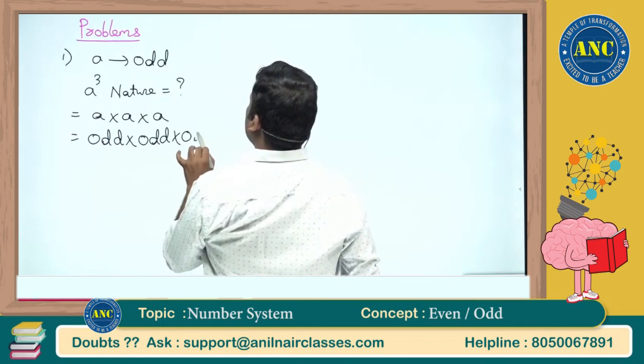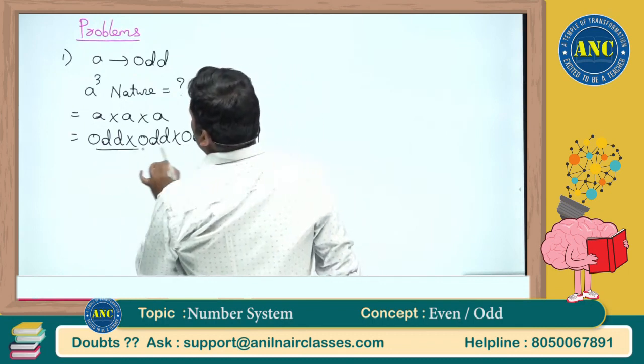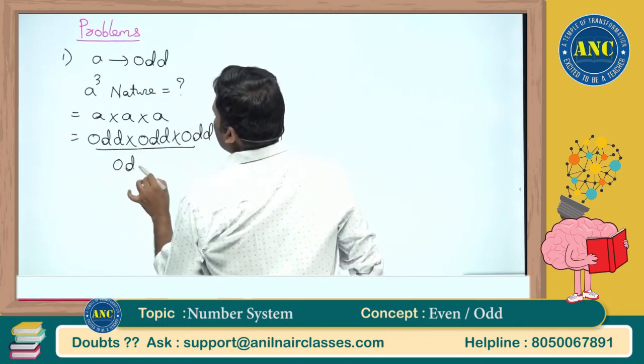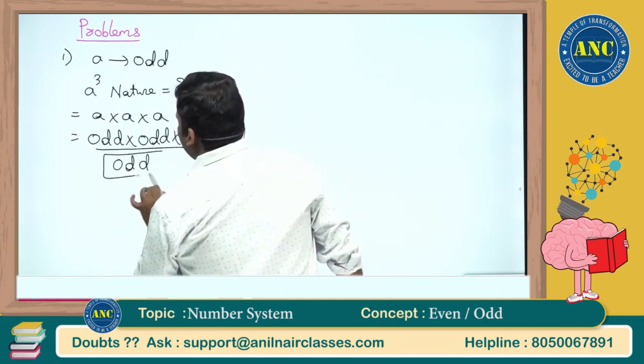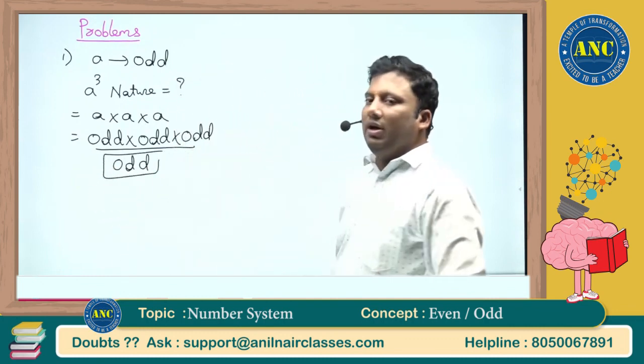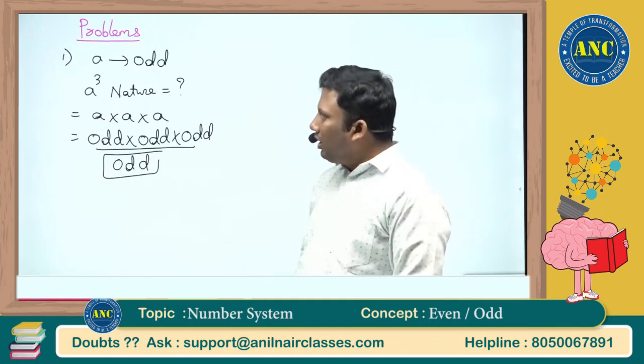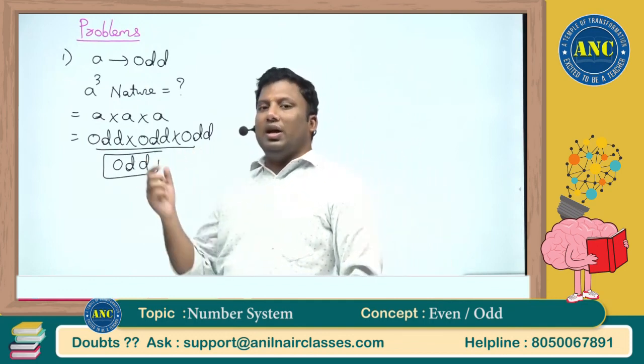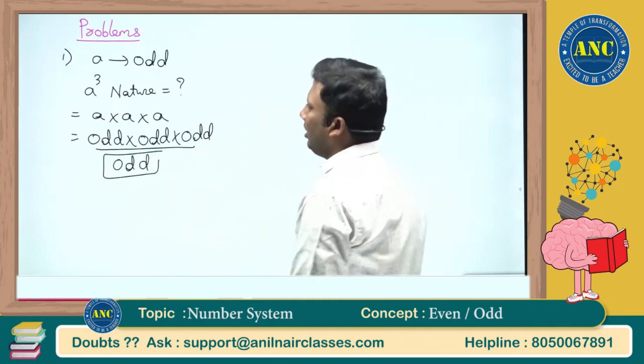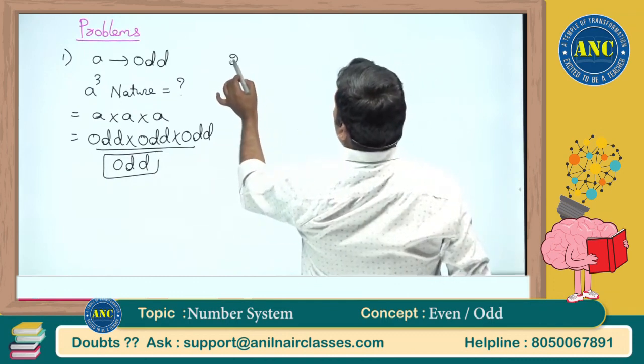If one number is even, then only the answer will be even. Otherwise, the answer will be odd. If A is an odd number, A cube will be an odd number.